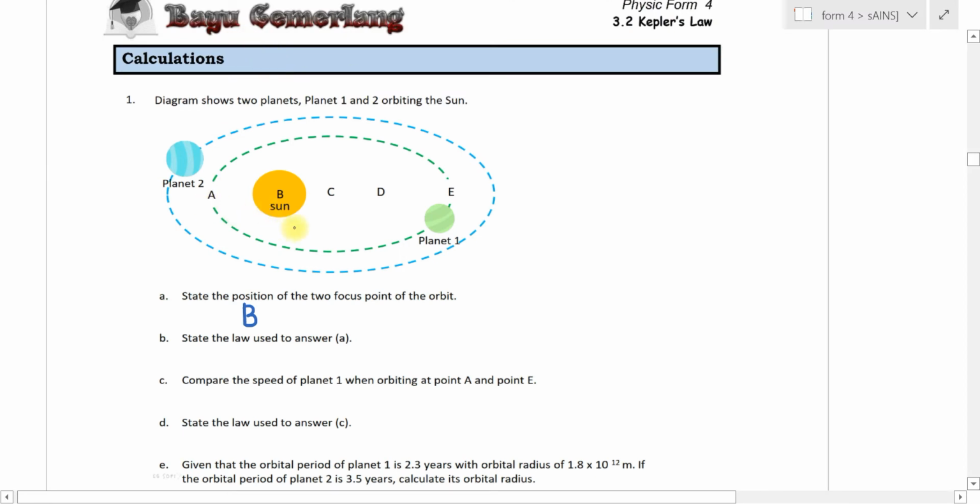So kamu tengok dari B, okay, dari B, contoh kita ambil dari planet satu. This much longer. Dari B ke E.